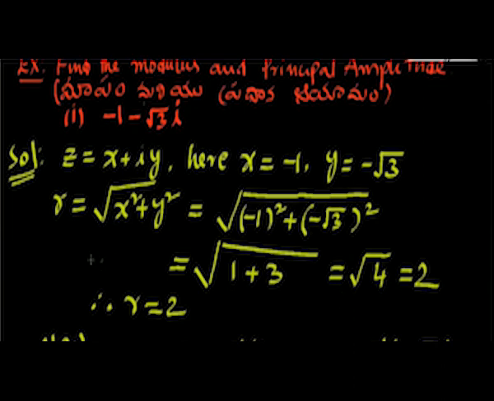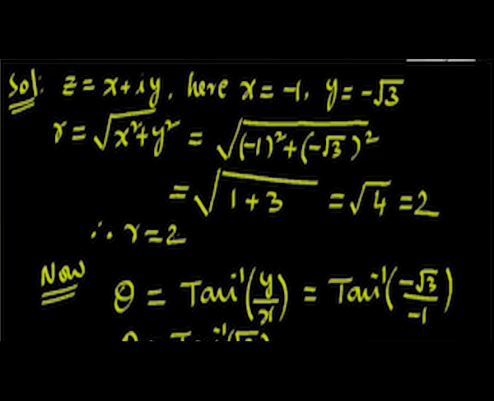Let us look at this once again. Comparing the given complex number with the standard form x plus iy, the real part x value in this case is minus 1, y is minus root 3, and the modulus of a complex number is r. That value will be under root x square plus y square. So that will give us 2, r is equal to 2.